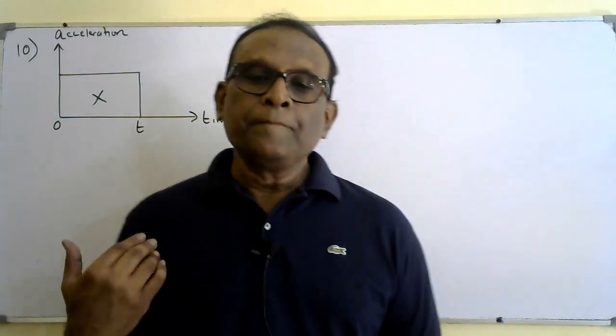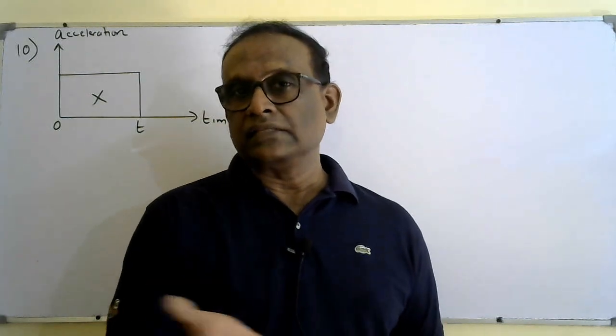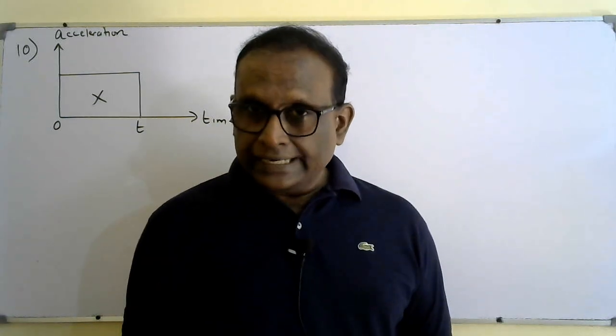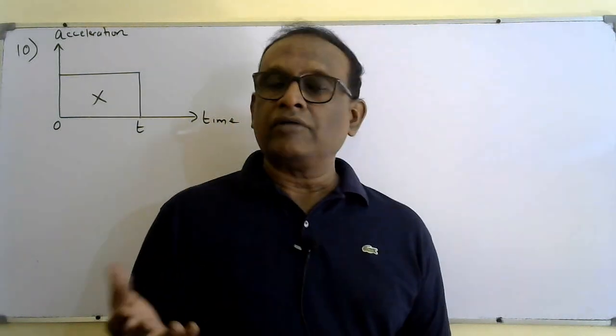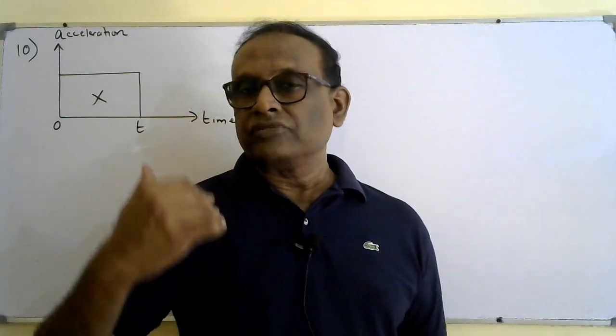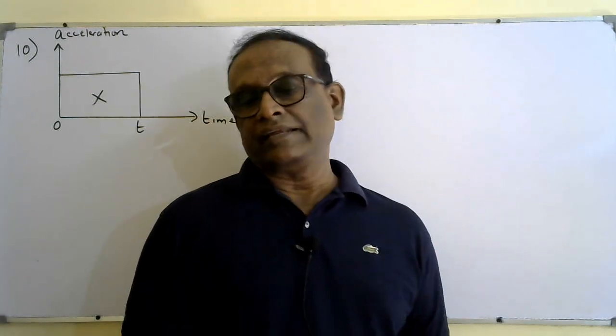When you are answering this type of question, you must know the properties of the graph. For a distance time graph, the gradient gives the speed, or for a displacement time graph, the gradient gives the velocity. But the area under a distance time graph does not have any meaning.